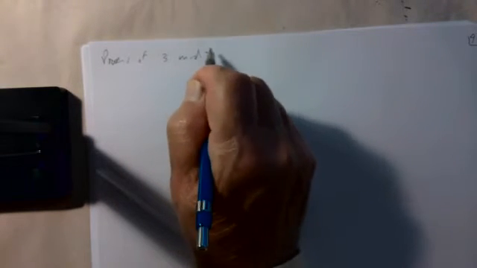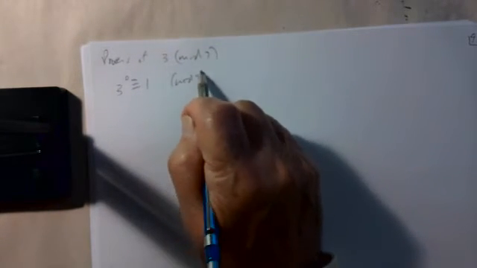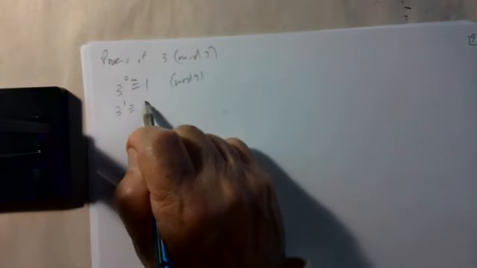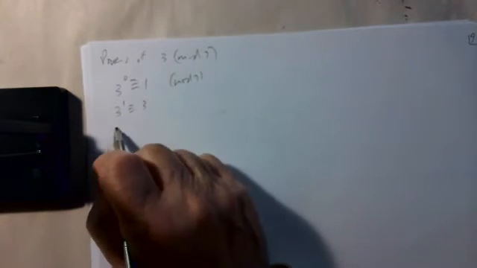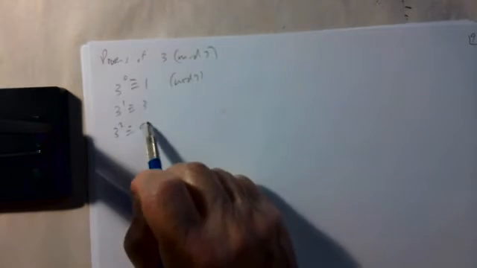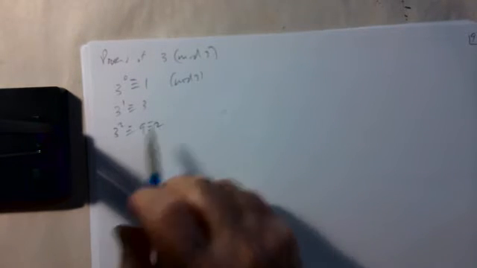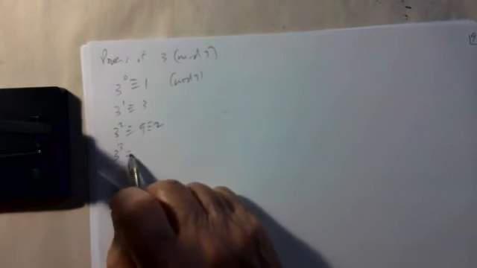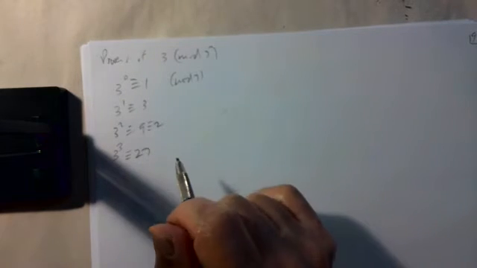Suppose I want to look at the powers of 3 mod 7. So 3 to the 0th power, of course, is just 1 mod 7. 3 to the 1st power is 3. 3 squared is 9. What is 9 mod 7? It's 2. 3 cubed is 27.